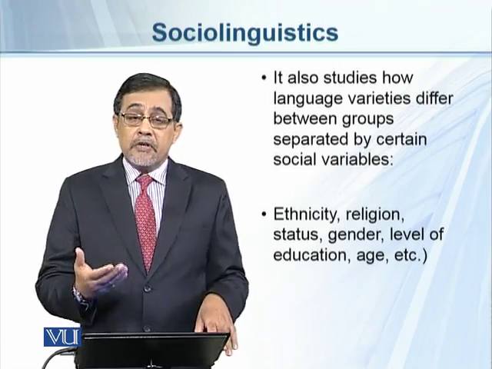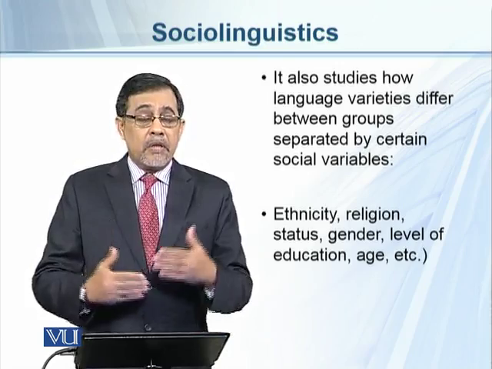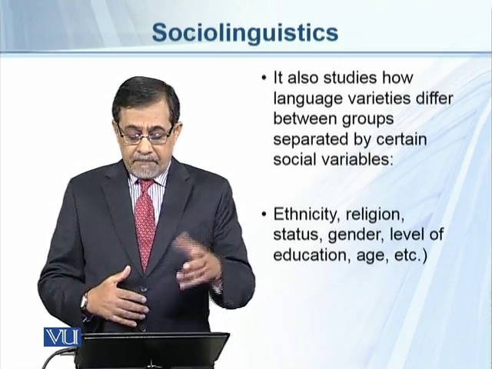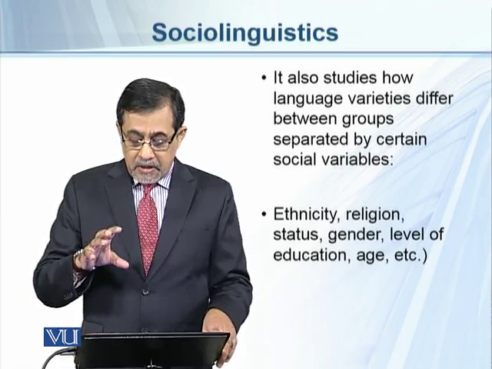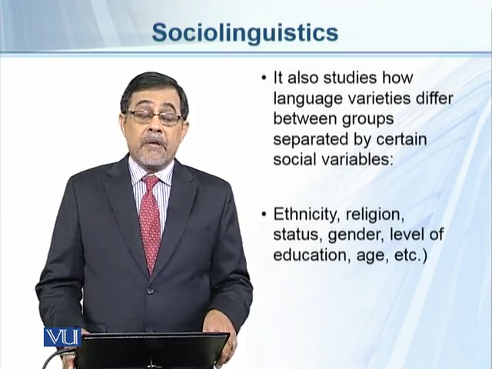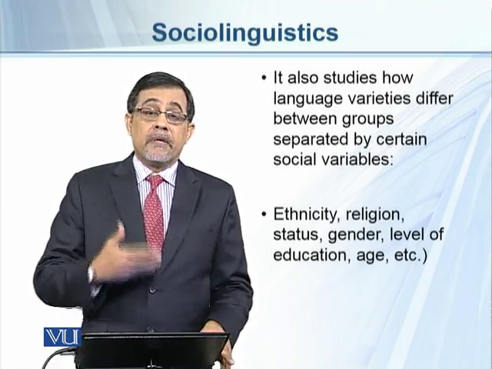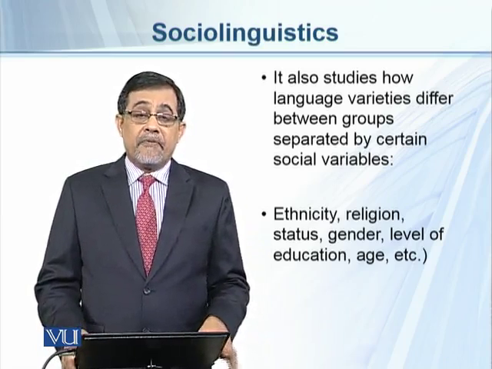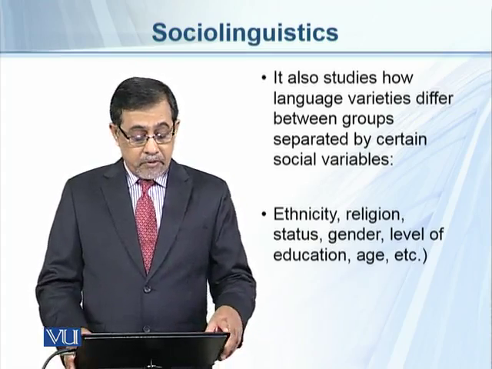And the younger generation tend to pronounce the word flower differently. So all these things are studied by these sociolinguists. Age, level of education. Obviously, education plays a very important role in determining the type of language that you use. And I also gave you an example about age.